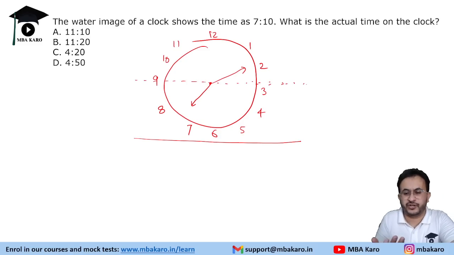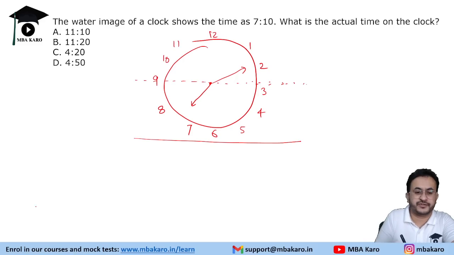Let us understand it logically also. Why does this happen instead of just memorizing the formula? So it will reflect along this line. Whatever was the angle here will be the angle like this. So it will be at 4. It was one number behind 3, at 2, so it will become 3 to 4. And this was 7:10, so it was almost 2 numbers behind, so it will be almost 2 numbers ahead.